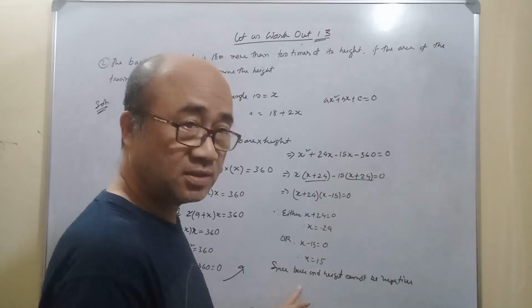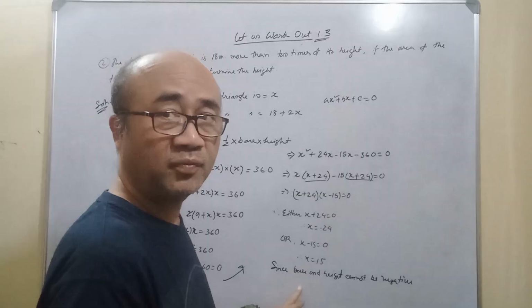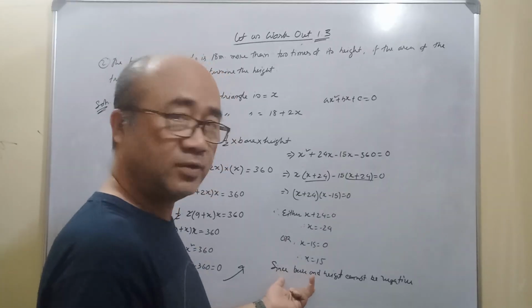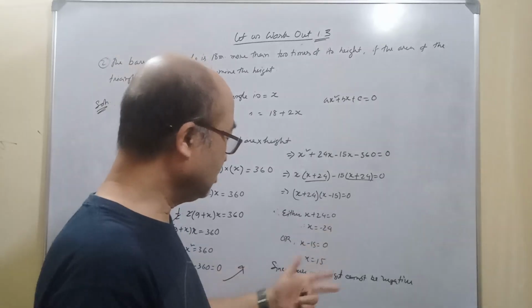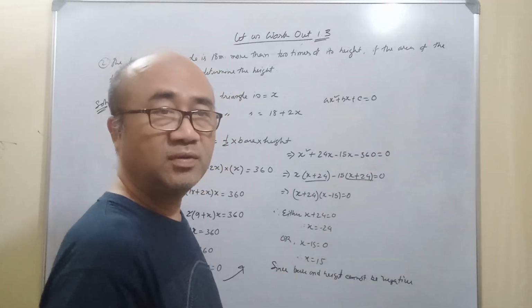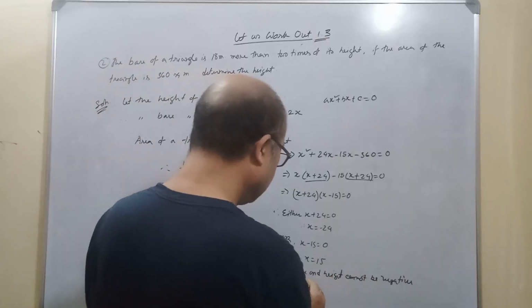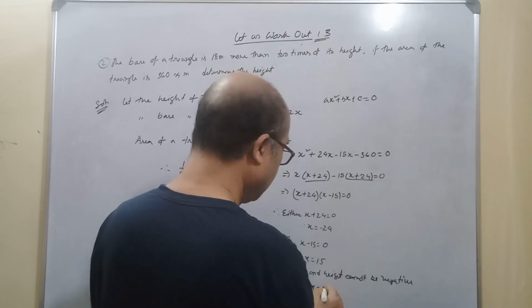The reason that we are rejecting the negative value has to be written in the exam. Remember this: why we are rejecting the negative value, you have to write it here. After finding the values, you have to write the reason, that since base and height cannot be negative, hence x equals 15.